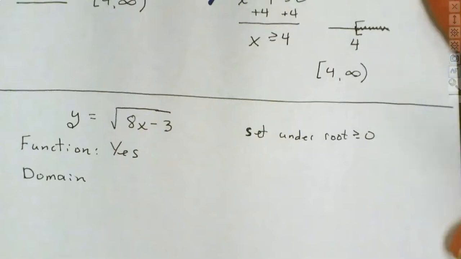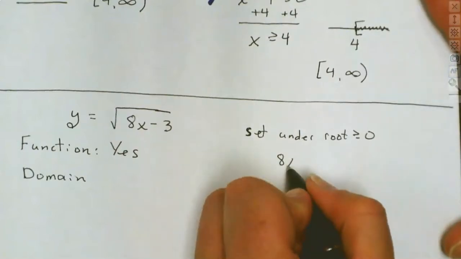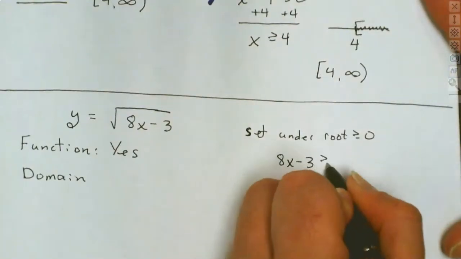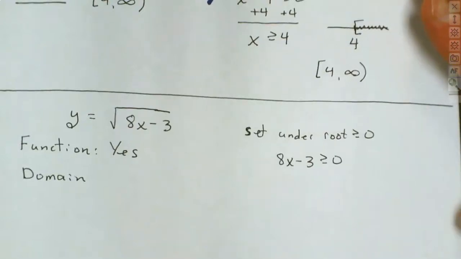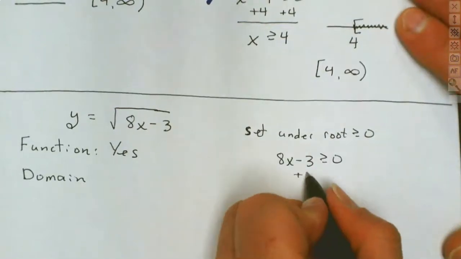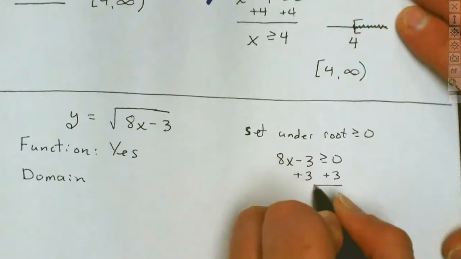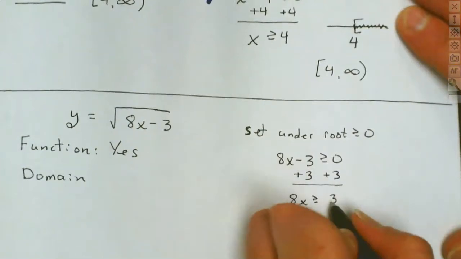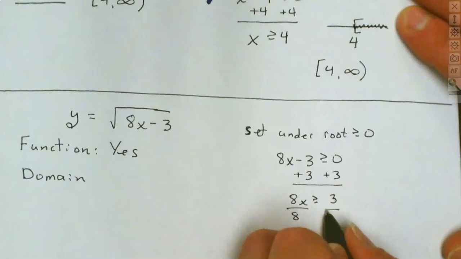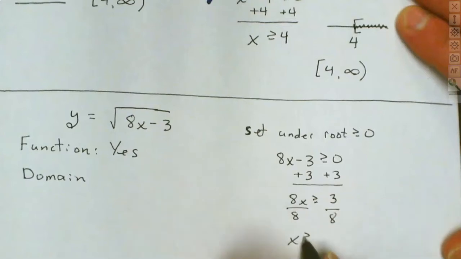So we take what's underneath that root, which is 8x minus 3, and we say that is greater than or equal to 0. So then we simply add our 3 over, divide by our 8, and x is greater than or equal to 3/8.